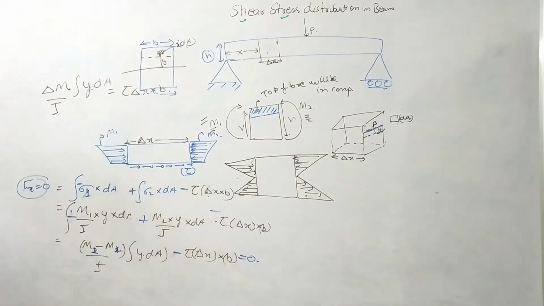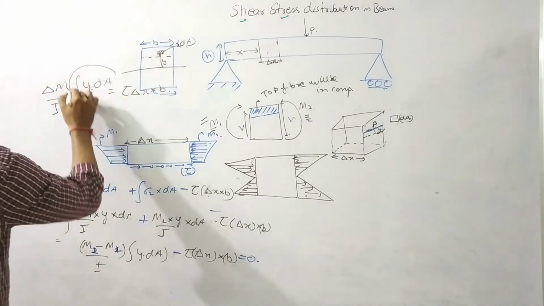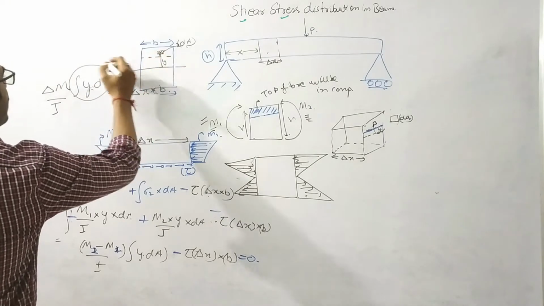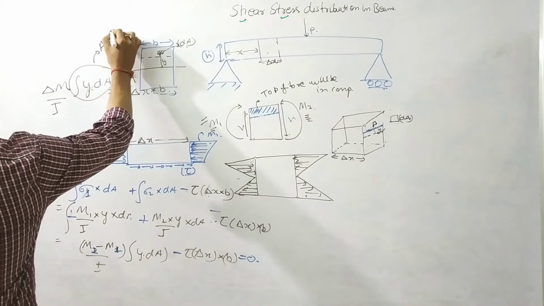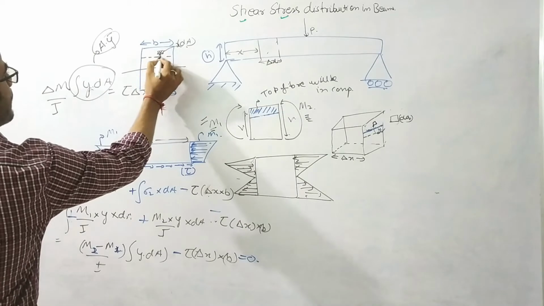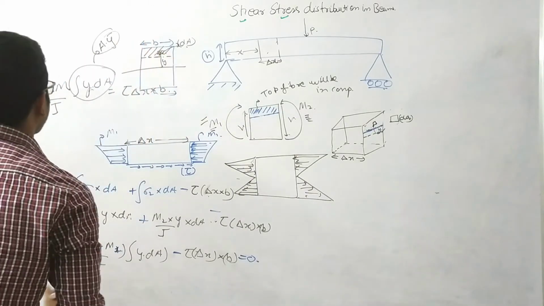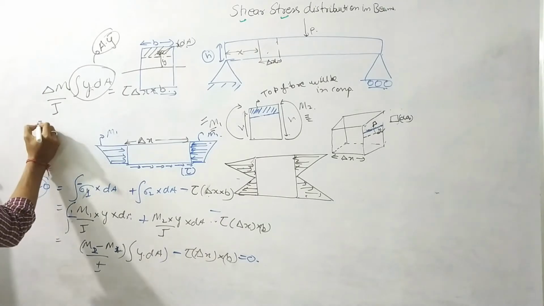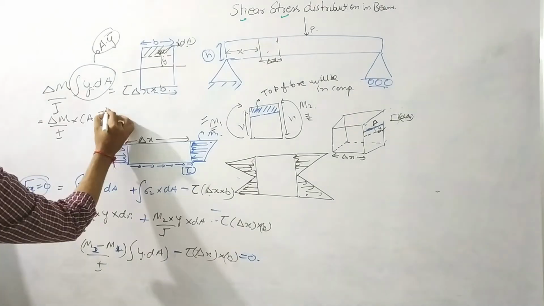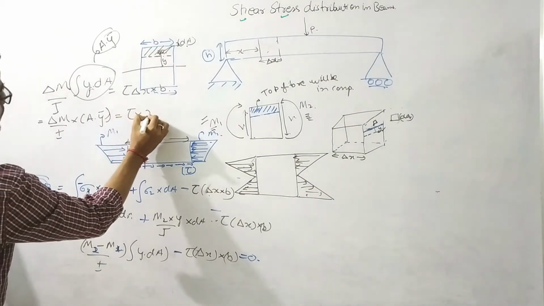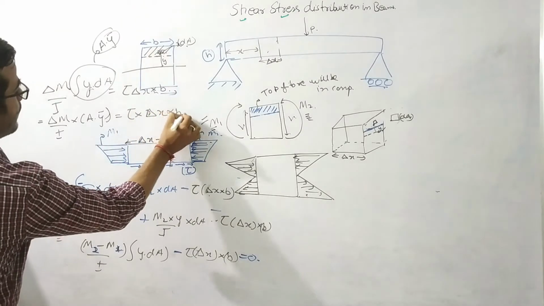The integration of y dA will be A into y bar, meaning the area of this cross section complete, into y bar, the centroid. So delta M over I into A y bar equals tau into delta x into b.